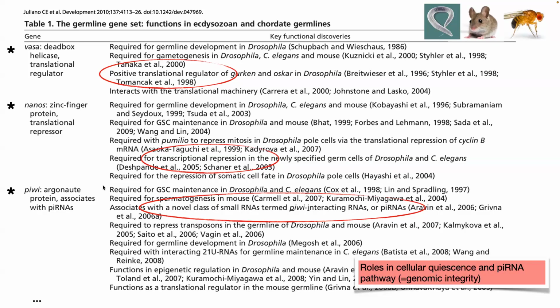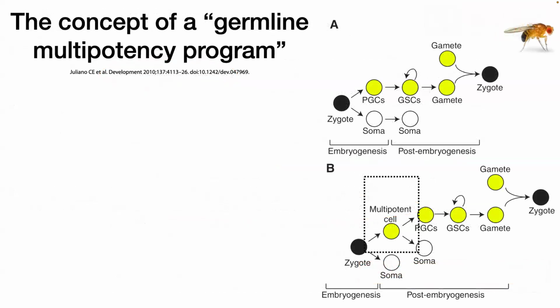So at some point, people would accept that this is important machinery, important genes for setting up the germline, the early progenitors of the germline. But then in 2010, a researcher called Silvana Giuliano coined a very important, influential term, which is the germline multipotency program, because she worked out that across many different invertebrates, the genes that were described in Drosophila as germline genes would reoccur in the context of somatic stem cells.